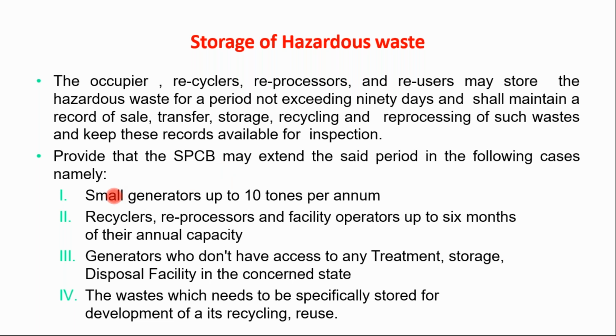So you have to provide the information related to the causes or the reasons to extend the 90 days period. Small generators up to 10 tons per annum. So if you have this small generator capacity, then you can go for the extension. Recyclers, reprocessors and facility operators up to 6 months of their annual capacity.